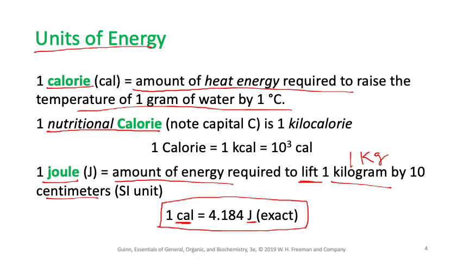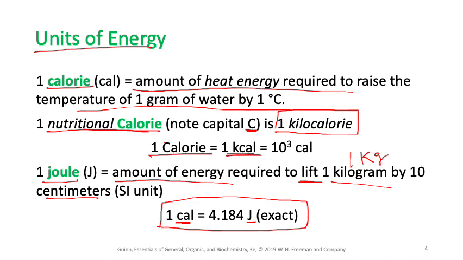Nutrition calorie is the amount of stored energy present in the food, right? And then we usually measure that energy in the food in nutrition calories. And a nutrition calorie, if you can see over here with a capital letter C, is equal to 1 kilocalorie. So I can say 1 Calorie with a capital letter C equals 1 kilocalorie, right?